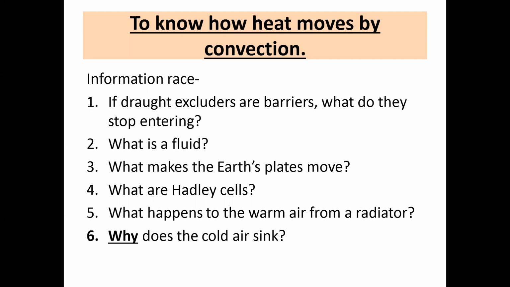Well, it'll rise. So it rises up from the radiator, and when it gets to the ceiling of your room, it's going to move across the ceiling. And as it cools, it'll come back down the other side of the room. So you end up with a convection current. And the cold air sinks because it's more dense.